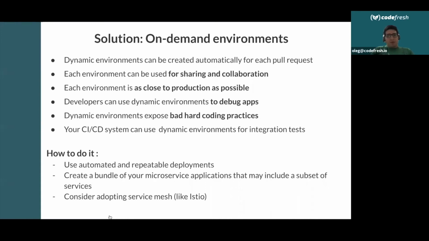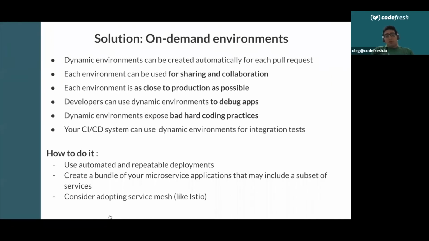These capabilities are critical not only for getting fast feedback for a developer while debugging an application. It provides you the ability to share and collaborate with your colleagues. Use it to avoid some bad hard-coding practices where something is expected to work in one environment and suddenly doesn't work in another.